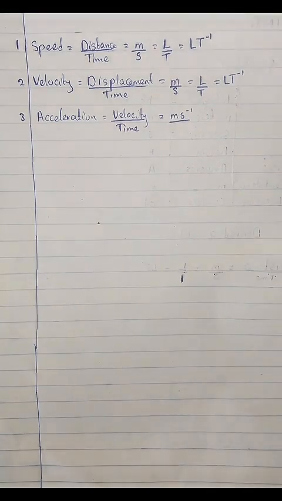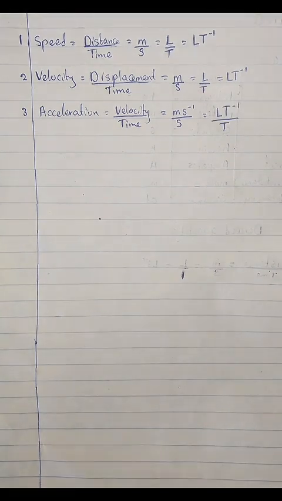So if you have to express this in terms of MLT, how will you express it? Now recall that in number 2, which is velocity, we already have that velocity is length per time. So length per time, and we know that our time, which is second, is equal to T. So we have L per T and T. Now if we have this, how can we rewrite this to actually suit what we are doing?